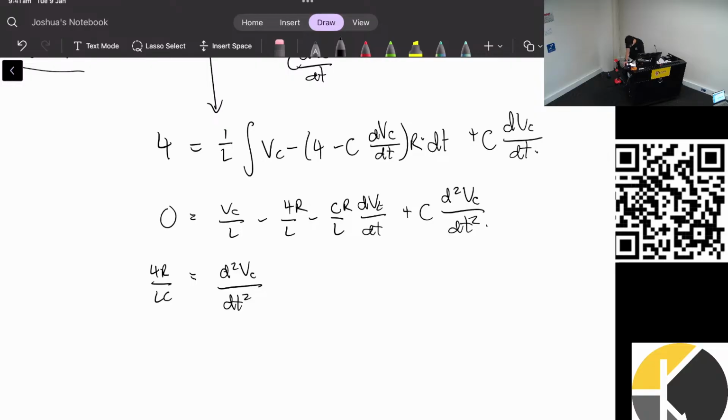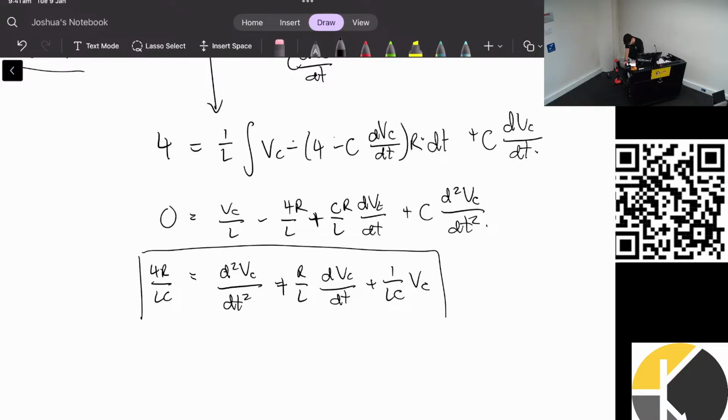And this becomes minus R on L. Sorry, these two negatives make a positive. Plus R on L dVC on dt plus 1 on LC VC. Cool. So this is the equation that we have.